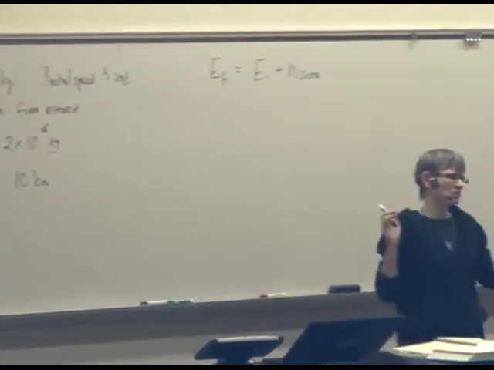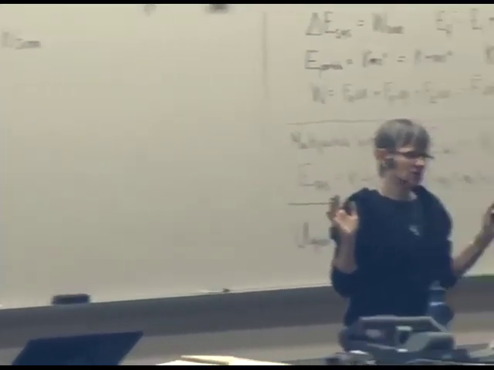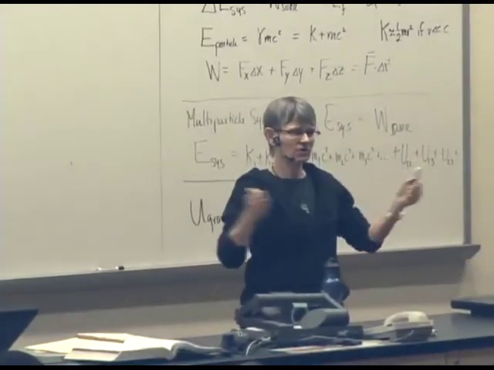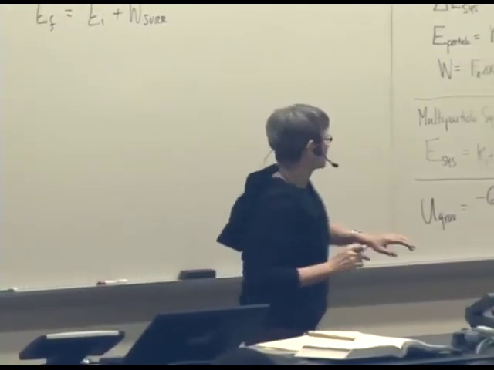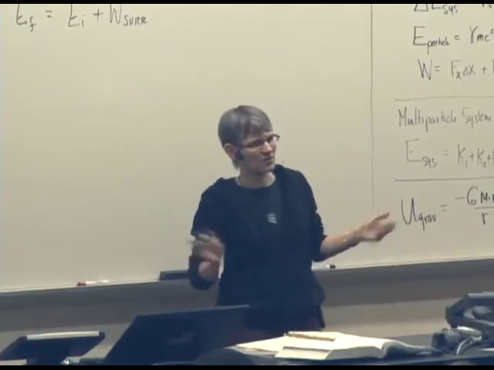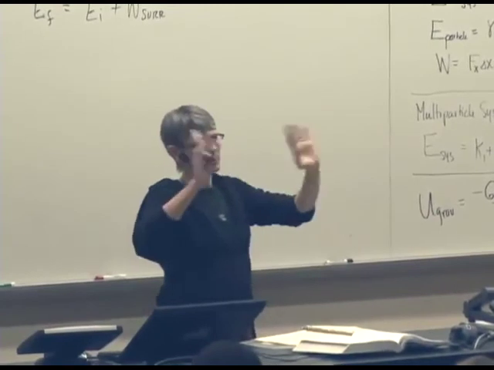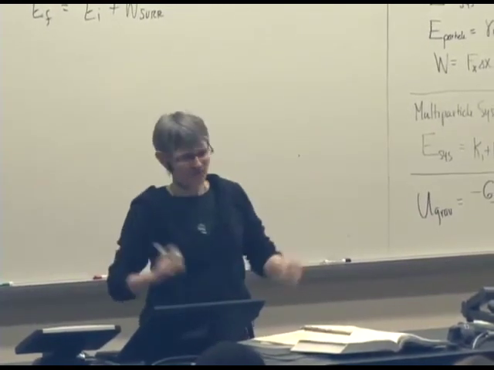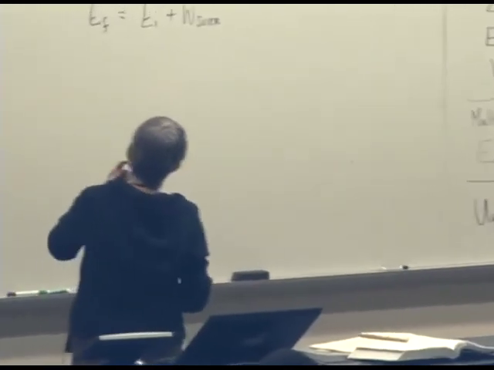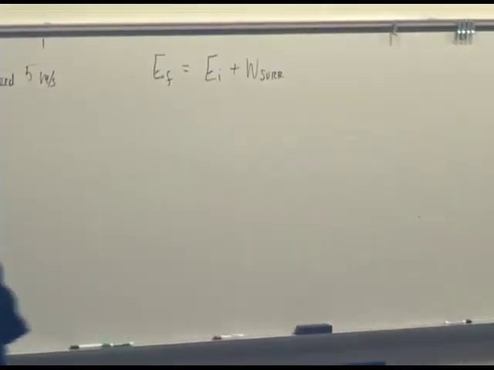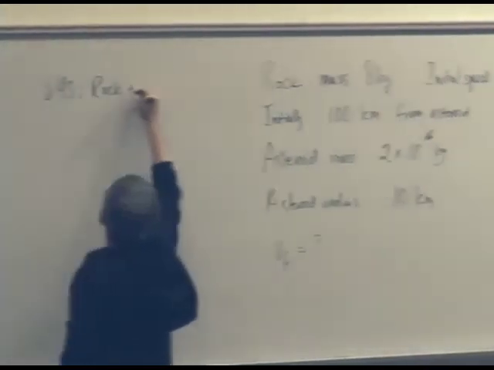Or you could choose the rock plus the asteroid as the system, in which case there are no external forces, but there's a potential energy term. So let's do that. The reason for doing it is we just worked out this lovely function for potential energy. If we don't use that, then we're going to have to go back to integrating forces. So let's use the system, the rock plus the asteroid.